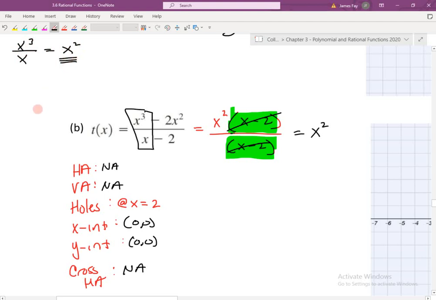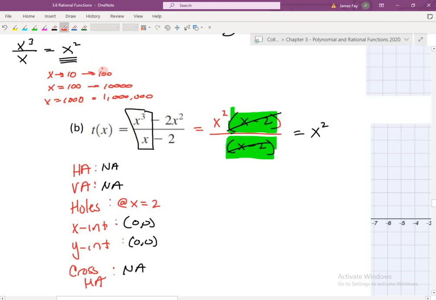Remember, horizontal asymptotes, slant asymptotes, oblique asymptotes, those types of things, we're only interested when x gets really, really big. So if x is 10, then that goes to 100. If x equals 100, then this becomes 10,000. If x goes to 1,000, this becomes 1 million.